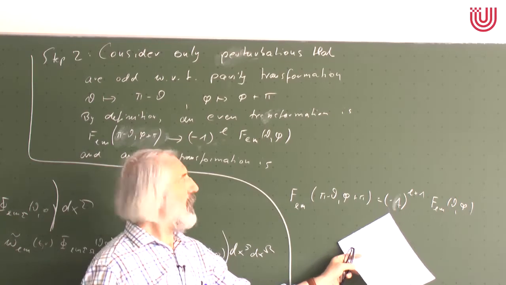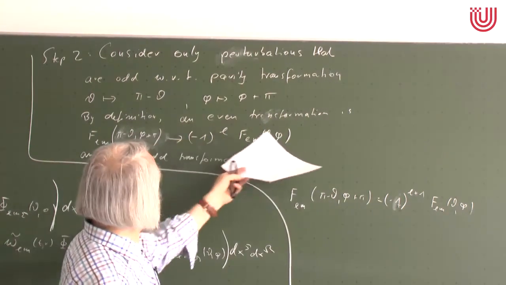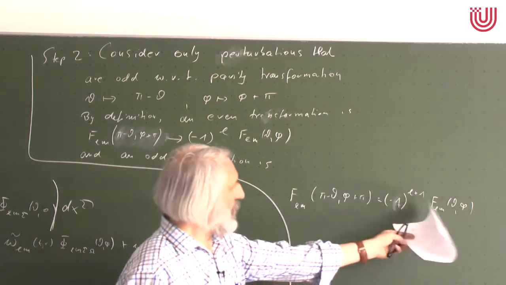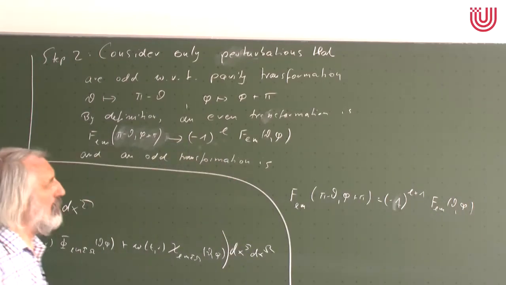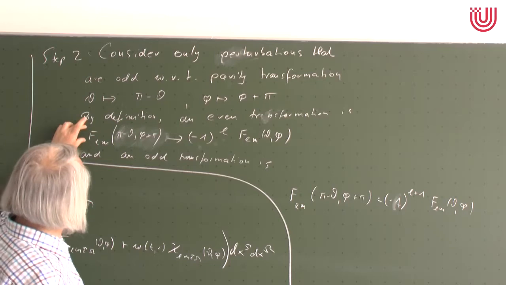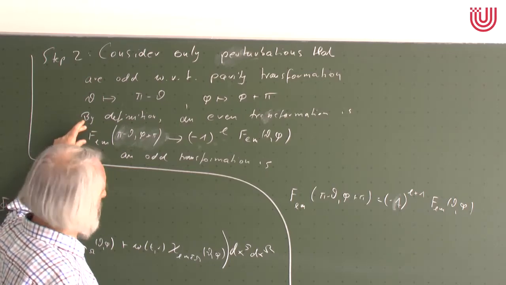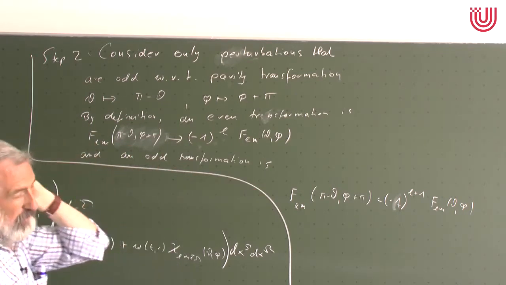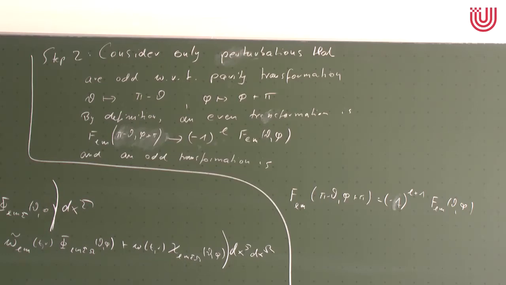So this means nothing changes if L is even in the even case, and nothing changes if L is odd in the odd case. And it's easy to see that if you have any functions, you can always decompose this in a part which transforms evenly and a part which transforms oddly. So these are, if you talk about basis vector fields, and if we have chosen the basis appropriately, then we can distinguish between even and odd.